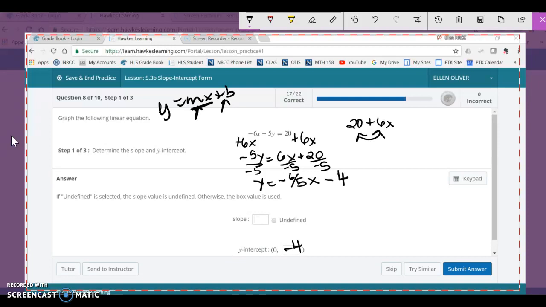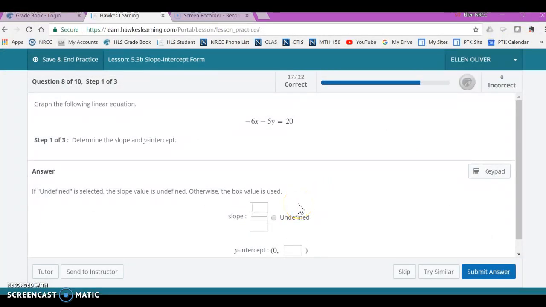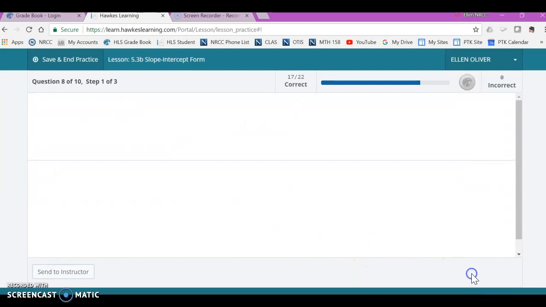So that's my y-intercept, 0, negative 4, and my slope is negative 6/5. Negative 6/5, negative 4. I have to keep saying it to myself so I don't forget between screens.